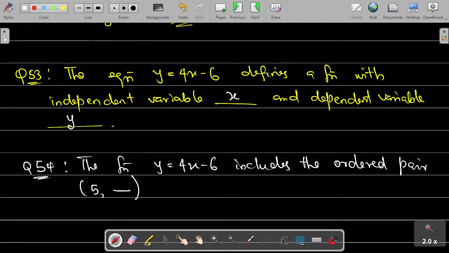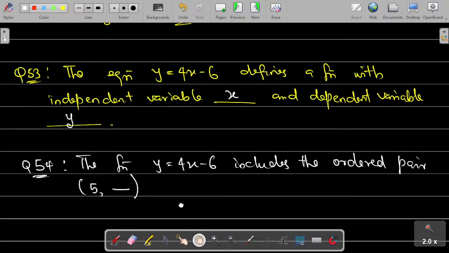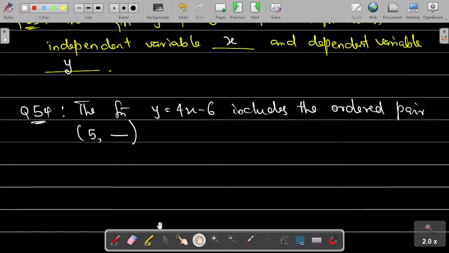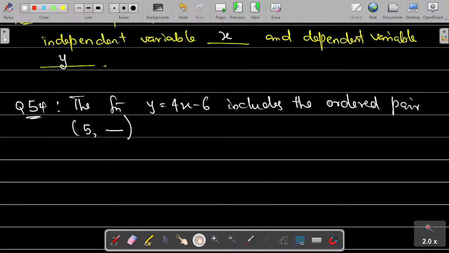These are just tricky questions to see if you really understand what a function is. Like I said in the previous exercise, if you have a value for x, it will give you a value for y automatically. I used x equals 0, so immediately you get y equals minus 6. So these two now produce an ordered pair, and what is the ordered pair? 0 and minus 6.